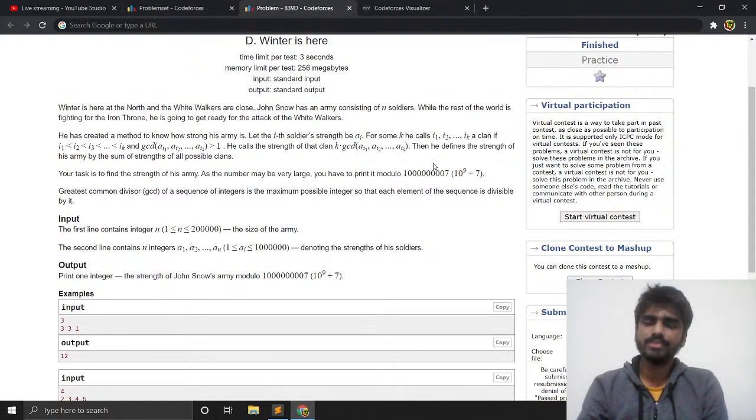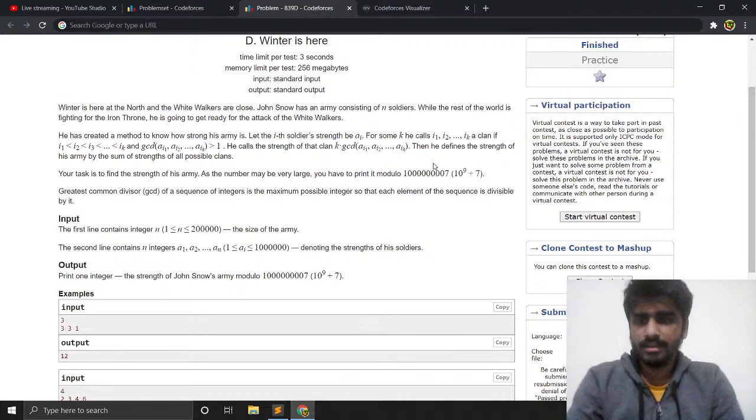Okay, let's see what we can do. Is it something about inclusion-exclusion? Because it seems like a number theory problem to me.